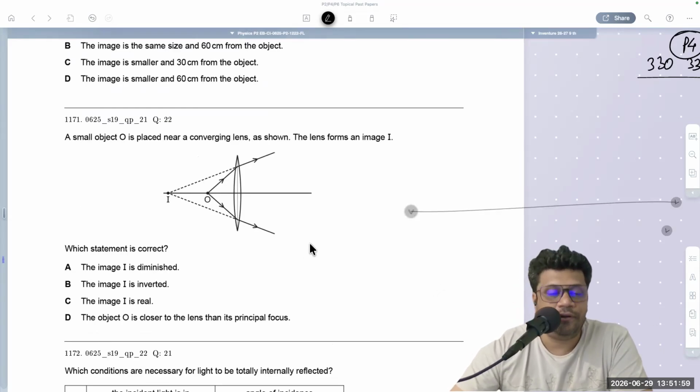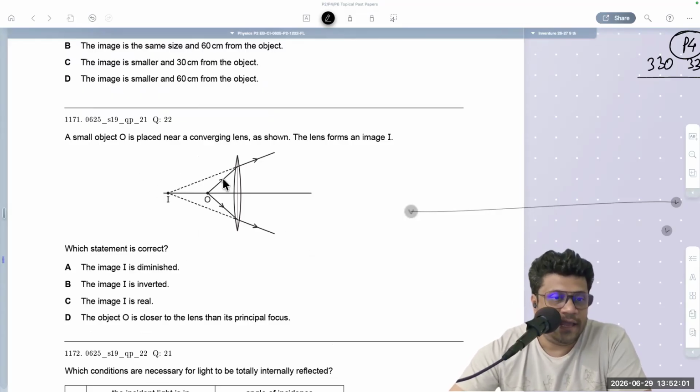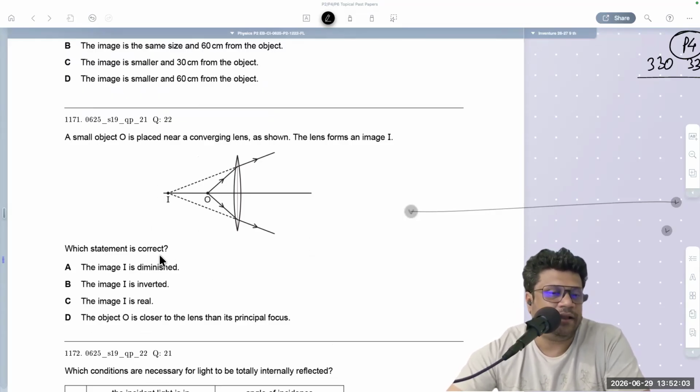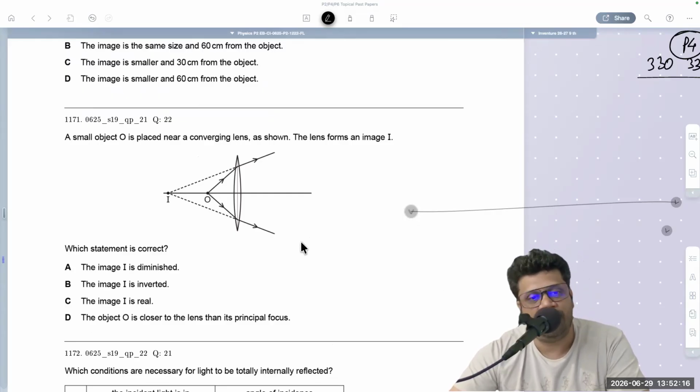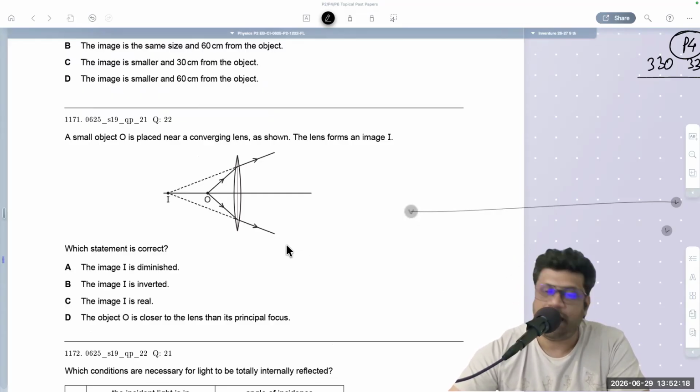I wanted to show you different kind of questions, like I told you. In this case, you see which statement is correct is what they're asking. The image is diminished, the image is inverted, the image is real, and the object is closer to the lens than its principal focus. You can literally pause and try it by yourself. I'm pretty sure you'll get what the answer is.